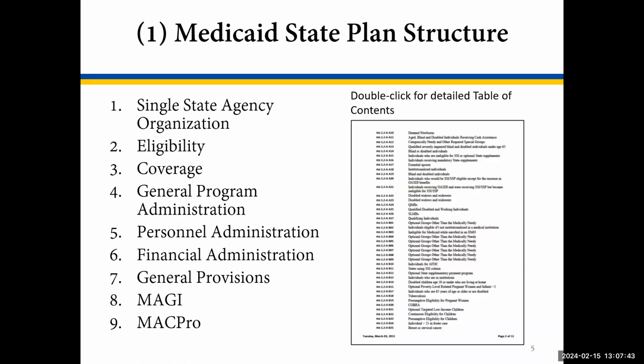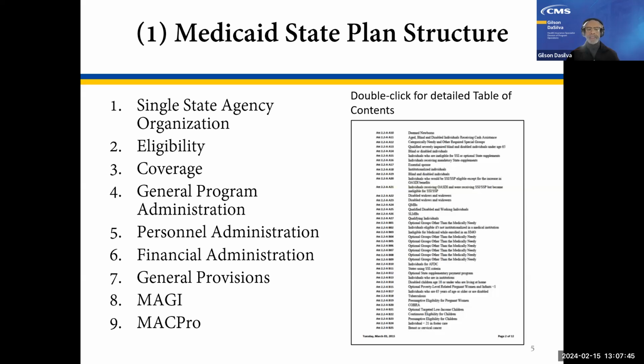Also, the embedded document in this slide, which was published in November of 2019, can be double-clicked for a more detailed view. Since this table of contents was produced, many parts of Section 2 have moved to Section 9 to MACPRO SPAs and are no longer found in Section 2.